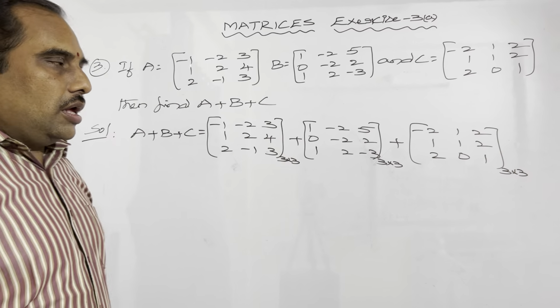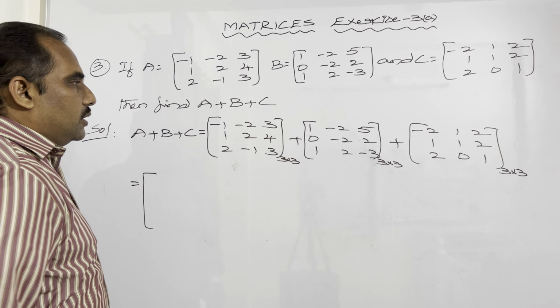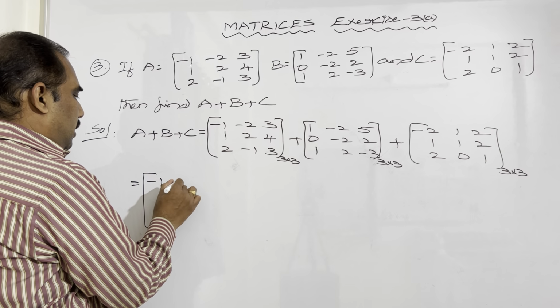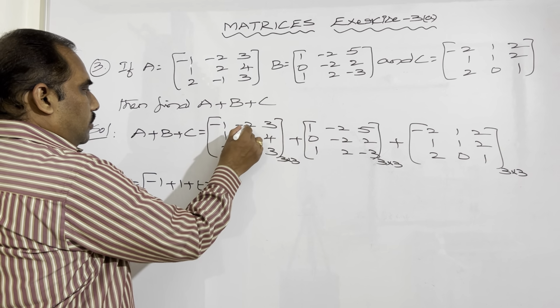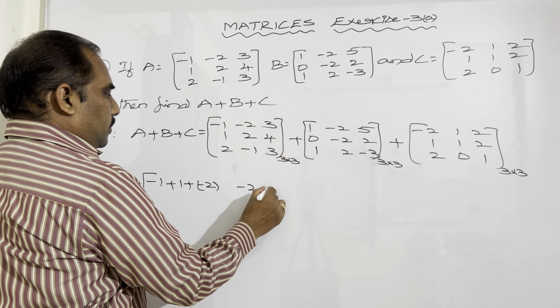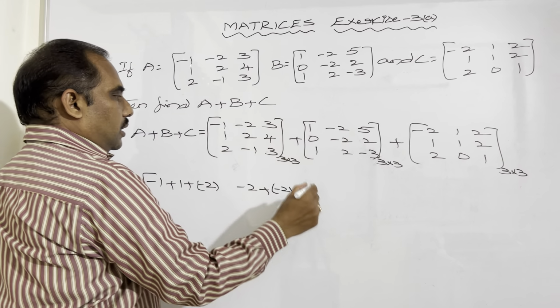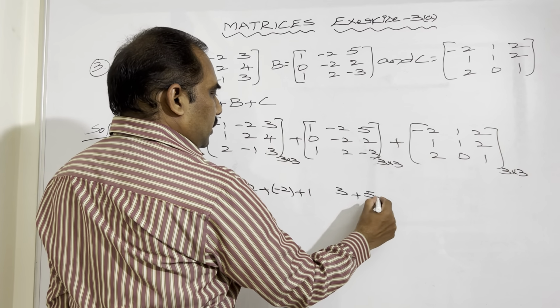So to get A plus B plus C, the corresponding elements of these three matrices we have to add here. Minus 1 plus 1 plus minus 2, and minus 2 plus minus 2 plus 1, and the third element is 3 plus 5 plus 2.